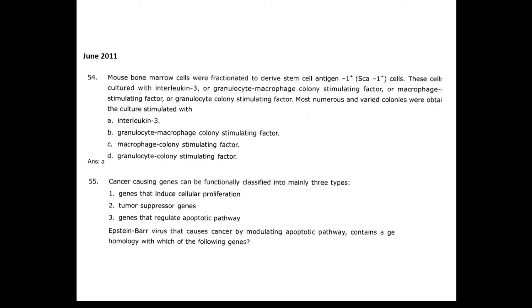Interleukins easily transfer the signal from cell to cell. For cell cultivation and growth, they need better communication between cells. So interleukins play a major role. Every cell growth needs communication.